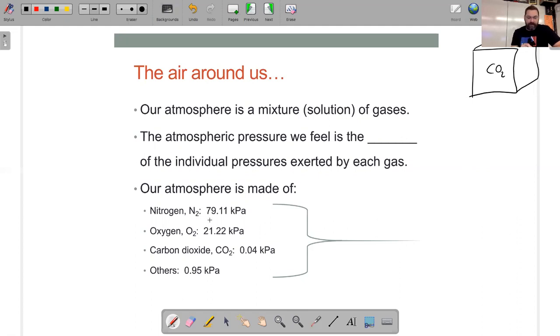Nitrogen gas is about 79, or sometimes people just round it to 80% of the atmosphere. So the air you're breathing right now is about 80%, or about 4 in 5 molecules, nitrogen gas. There's also oxygen in the air, no doubt about that, but it's only about another 20% of the atmosphere, 21%. So between nitrogen and oxygen, those two gases make up the vast majority of the atmosphere.